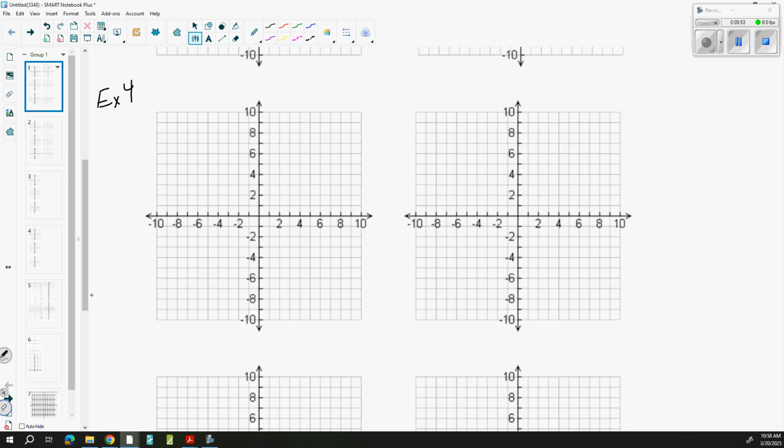J is at (-5, 2), and then K is at 5, 6. There's K. And we can put L on there. L's at (5, 2). So there's L, but we're mainly looking for JK.